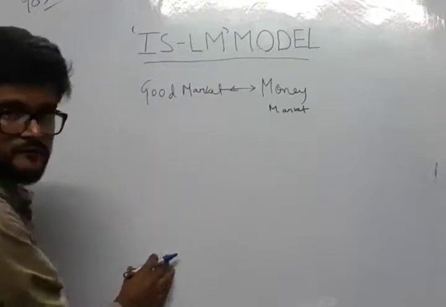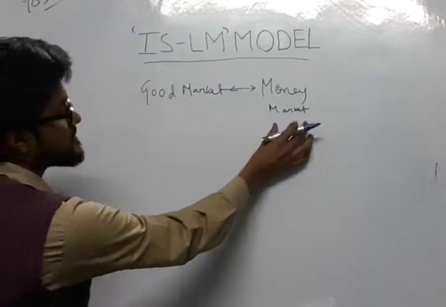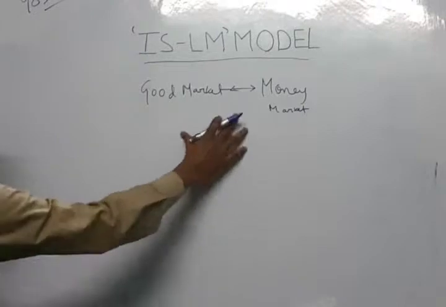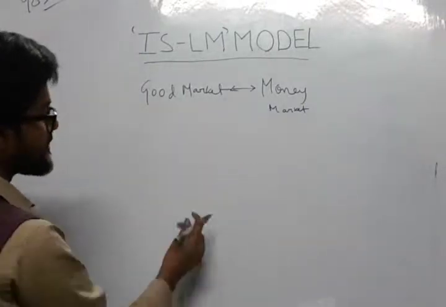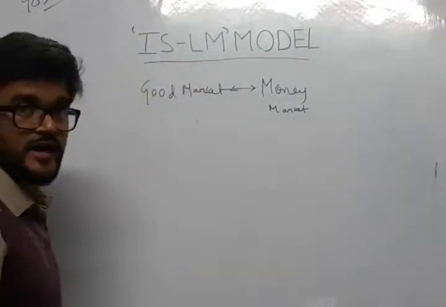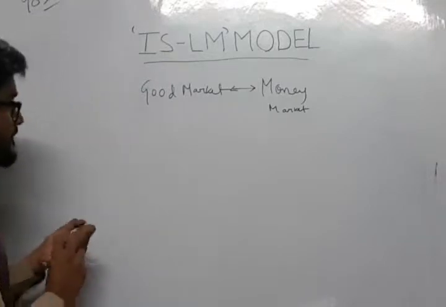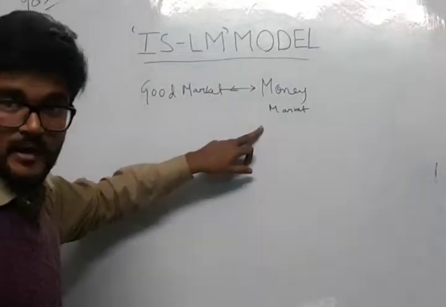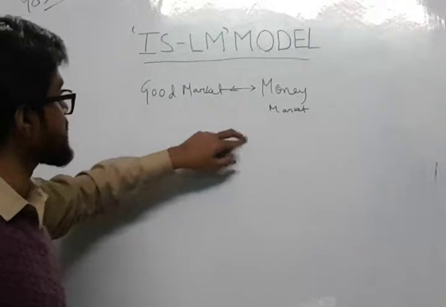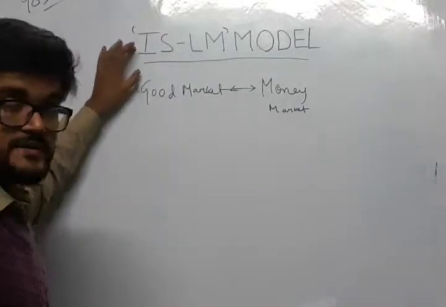What is the goods market? First we have to define that, and then what is the money market, then we'll see how we club them together to get the equilibrium of the entire economy. So first, before we get into the goods market and money market, we need to understand what the ISLM model is.